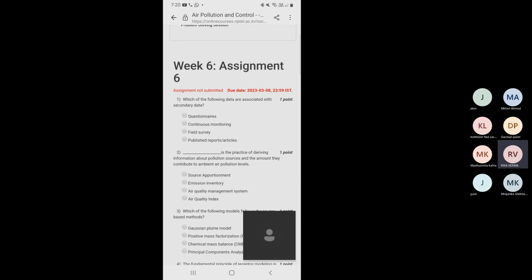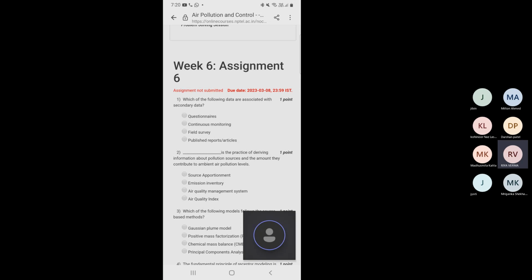So first we have: which of the following data are associated with secondary data? Basically, we have two types of data. First is your primary data, and second is your secondary data.